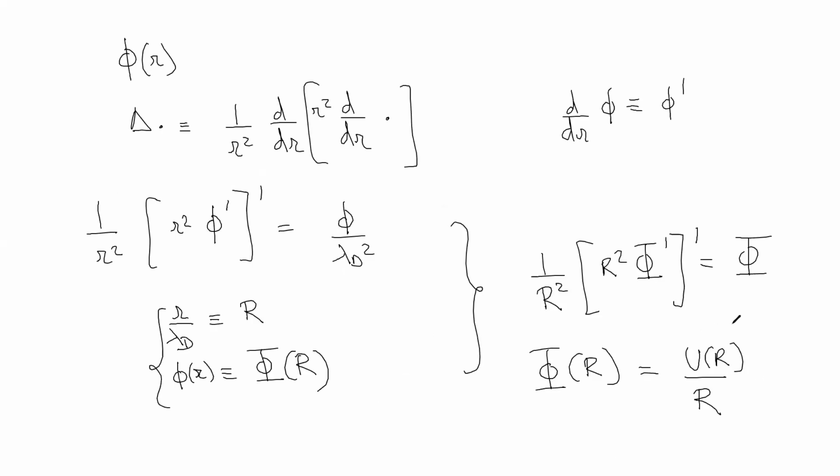So let me just do that change of variables here. If I use this equation and this change of variable, I get 1 over R squared. The derivative will be U prime R minus U over R squared.